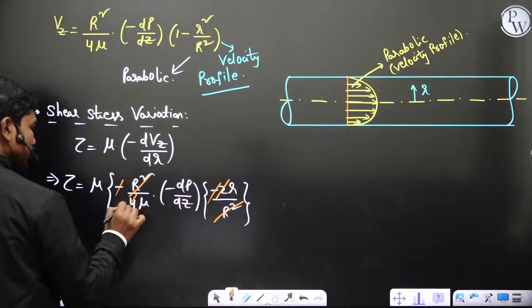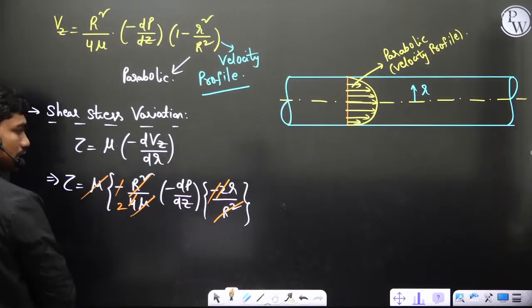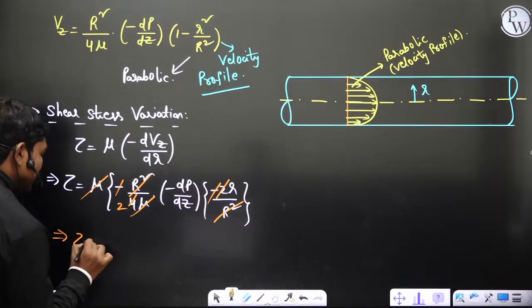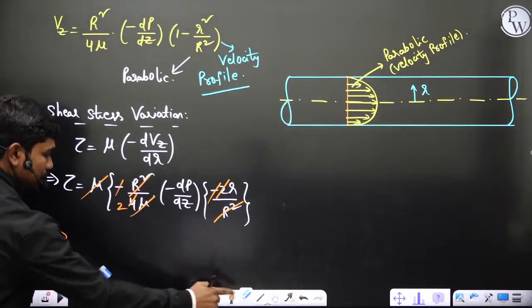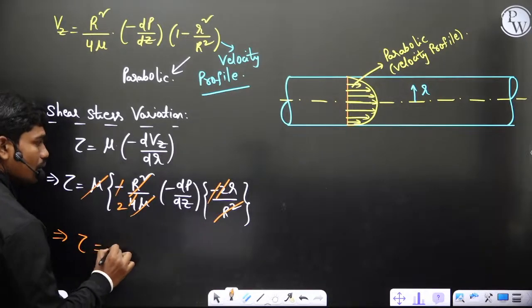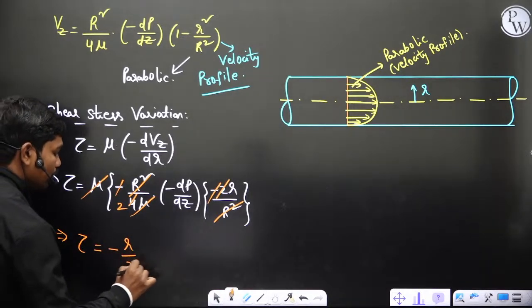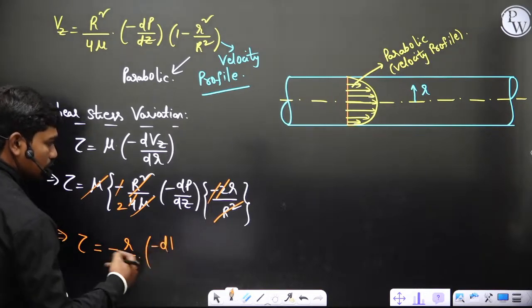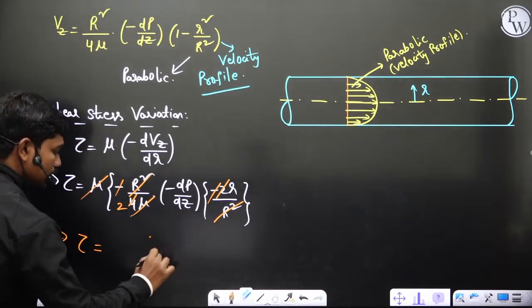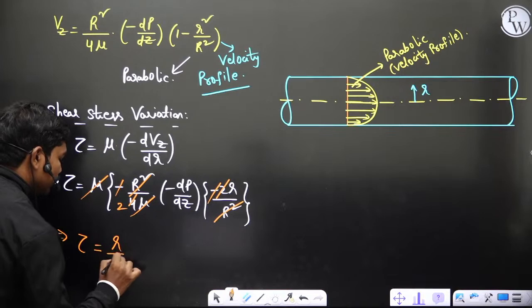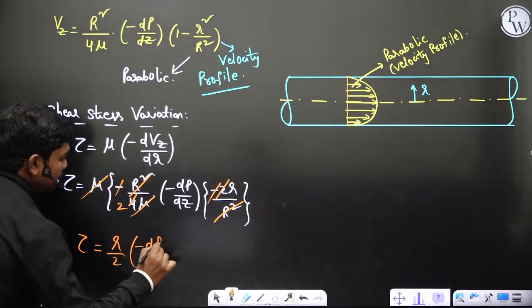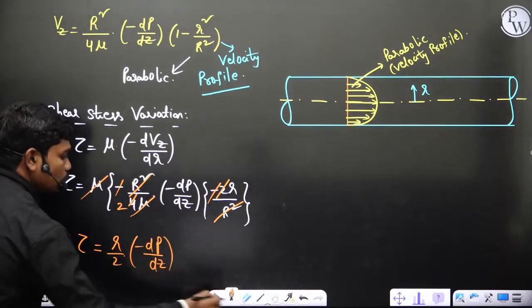This 2 can cancel this 2 here, mu gets cancelled. So tau is equal to r by 2 into minus dp by dz, the minus got eliminated outside, there is only inside.